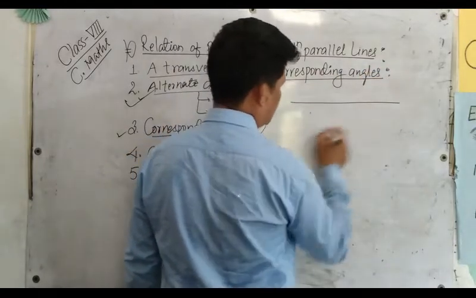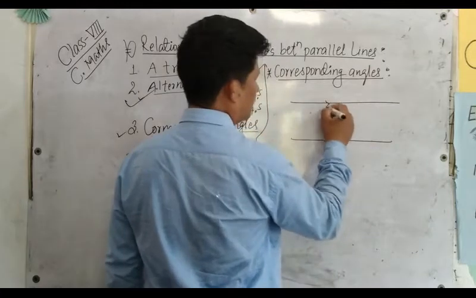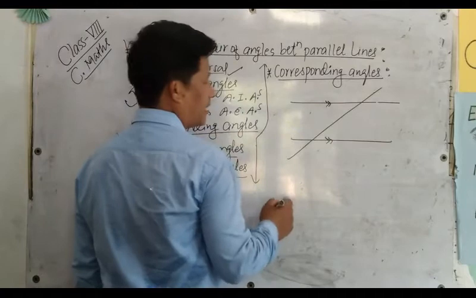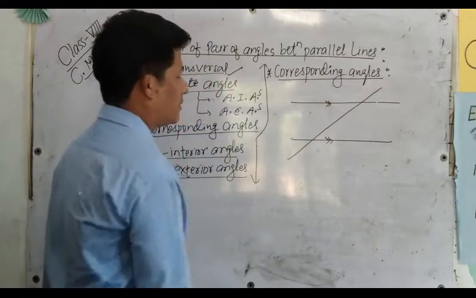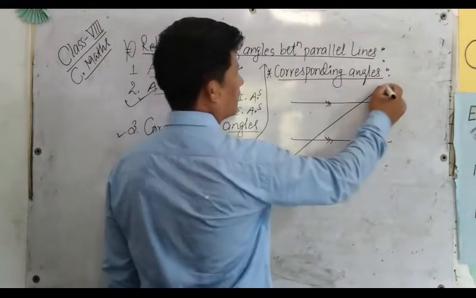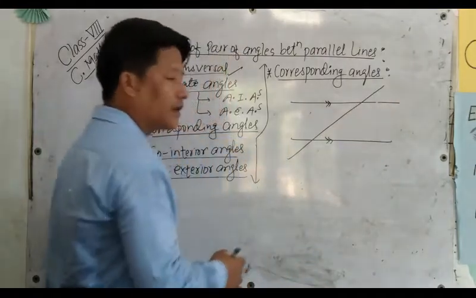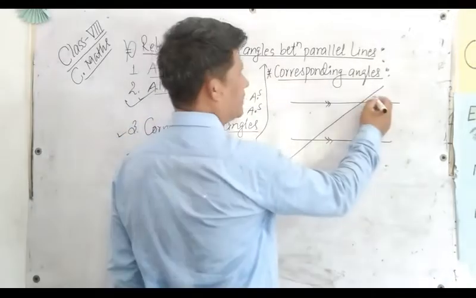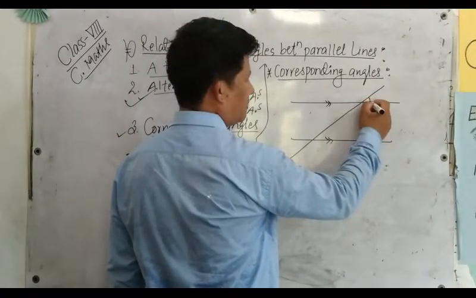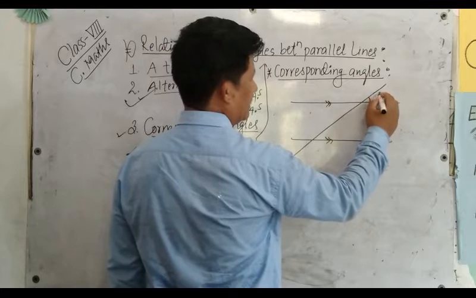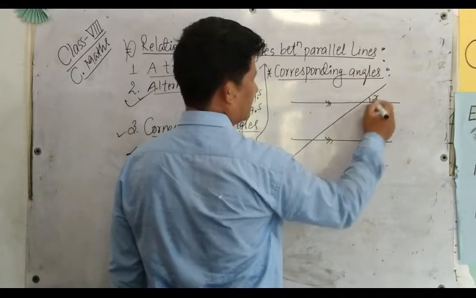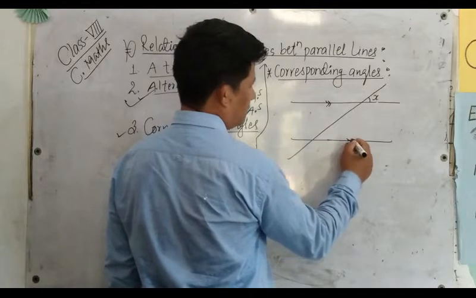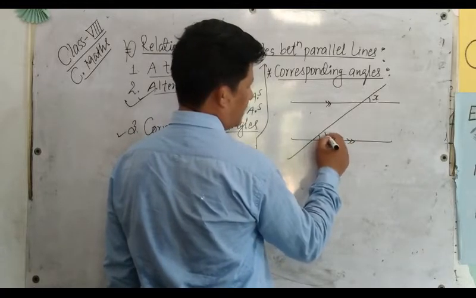Corresponding angles. These two lines are parallel to each other, and this is the transversal. Suppose this angle is x and this angle is y.